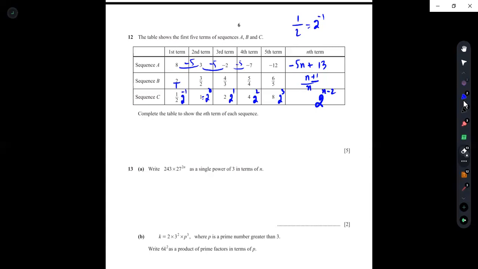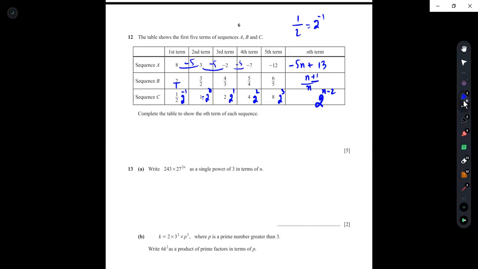So we just need to rewrite these numbers. You can just try on your calculator that 243 is divisible by 3. So if we divide 243 by 3, we get 81. And then 81 again, if we divide by 3, we get 27.